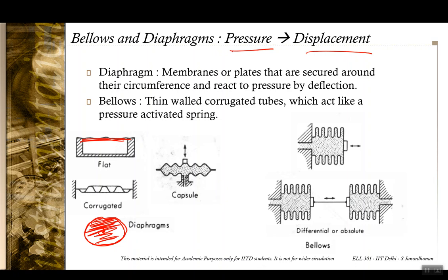The concept of a diaphragm is really simple, because we have a diaphragm in our ear that is responsible for hearing. Any air pressure change is detected and translated to small deflection in the diaphragm, which is picked up by the nerve mechanism in your inner ear and translated to electrical signals, and you're able to hear.